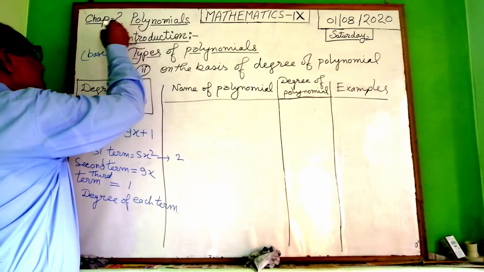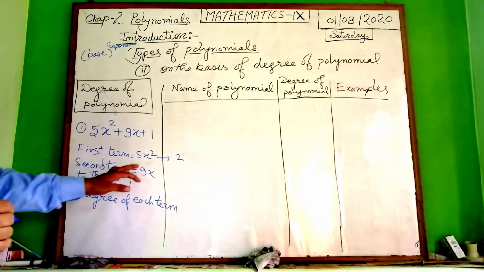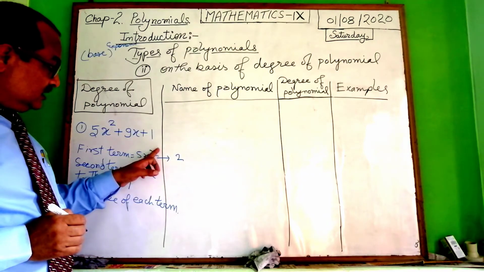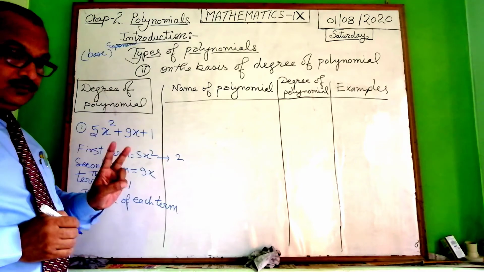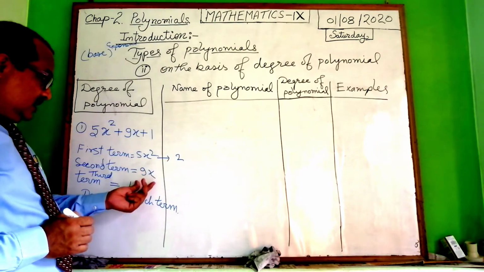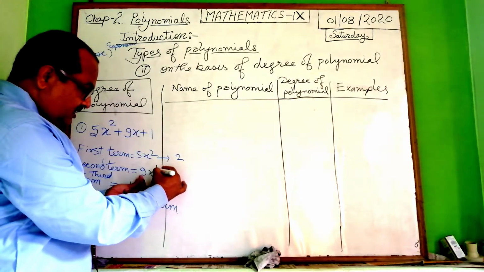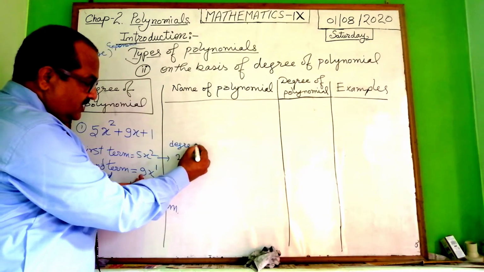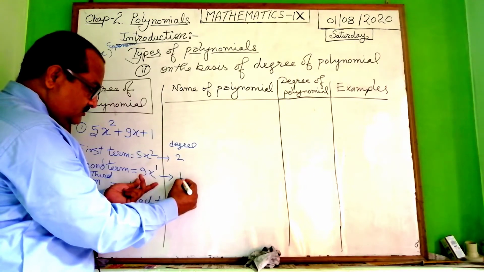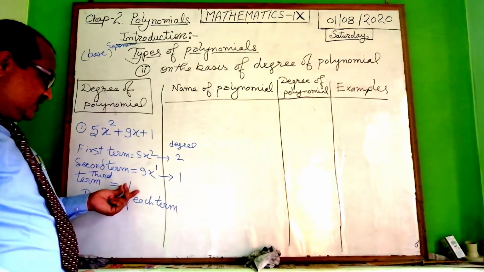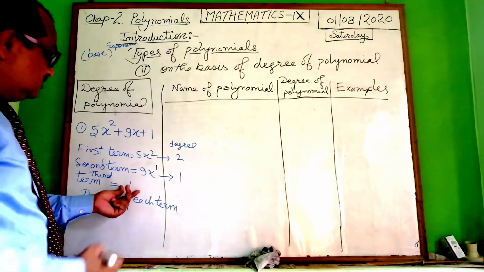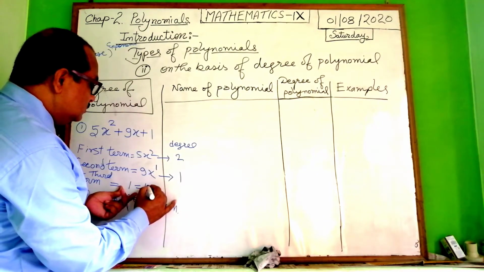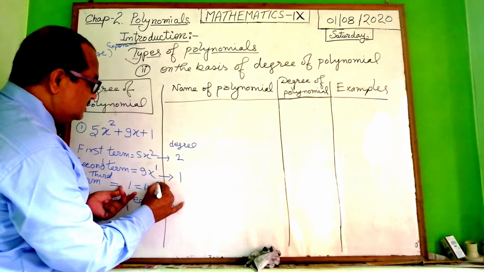What is written in the exponent of the variable, that is the degree. The variable is x and its exponent is 2, so that is its degree. Here in 9x the power is 1, so the degree of the second term is 1. And here constant 1. 1 can be written as 1 into x to the power 0.